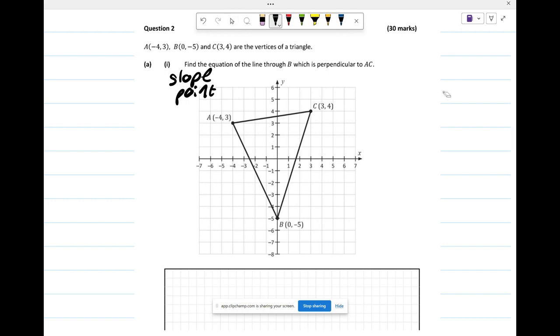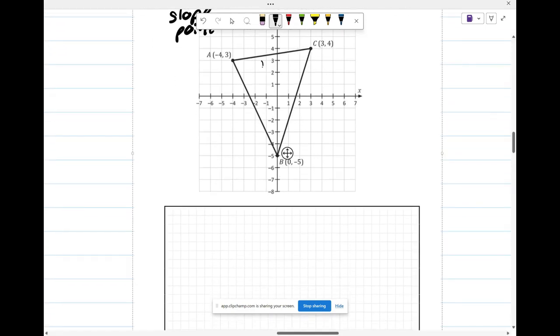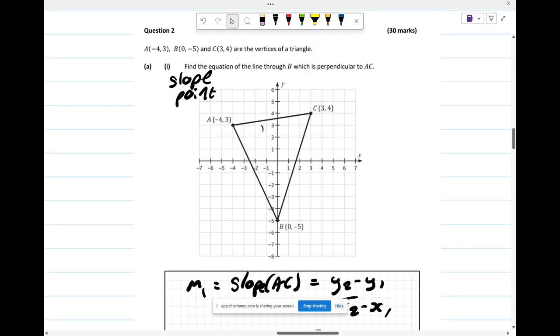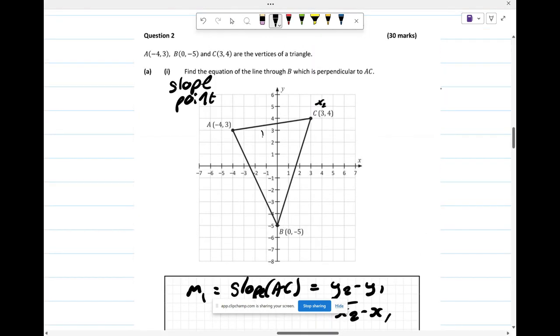How are we going to find that? Because it connects at 90, the slope of this line is going to be perpendicular to the slope of this line. So if we can find the slope from A to C, the line through B is going to be perpendicular to that slope. Let's say M1 is the slope of AC. That's y2 minus y1 over x2 minus x1.